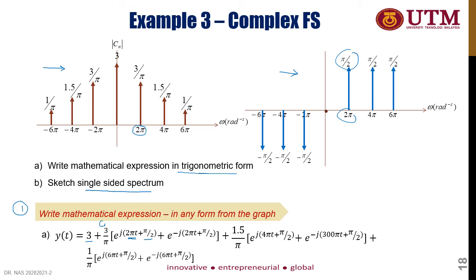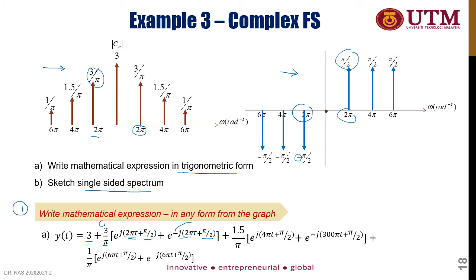Plus the negative frequency at negative 2 pi, the magnitude is still 3 over pi, the same magnitude. Look at the phase at negative 2 pi: it is negative pi over 2. It's still pi over 2, but you need to check the polarity, so in this case it is negative pi over 2.